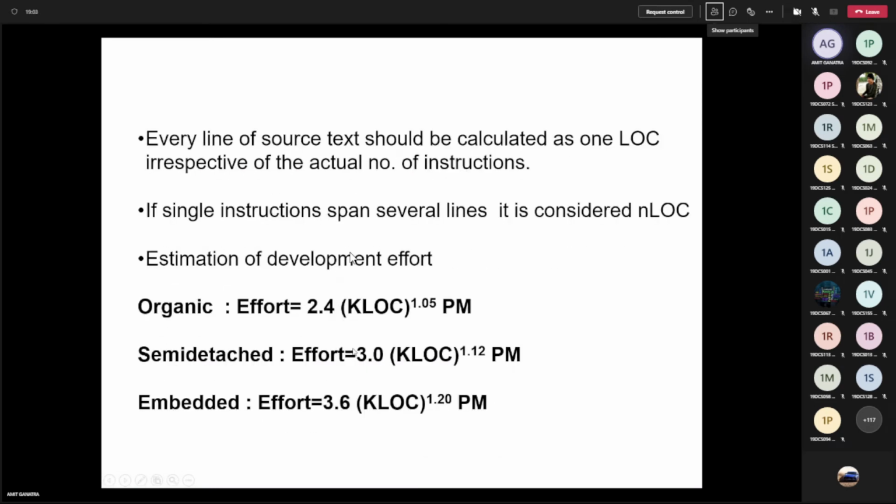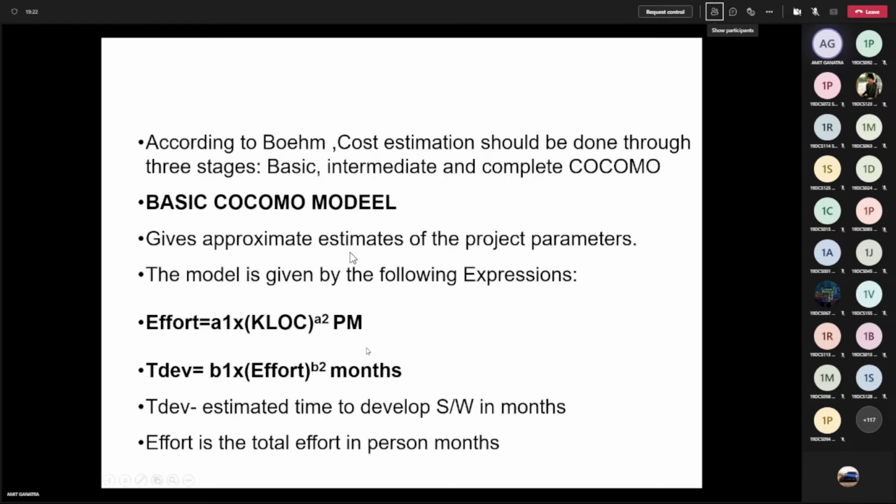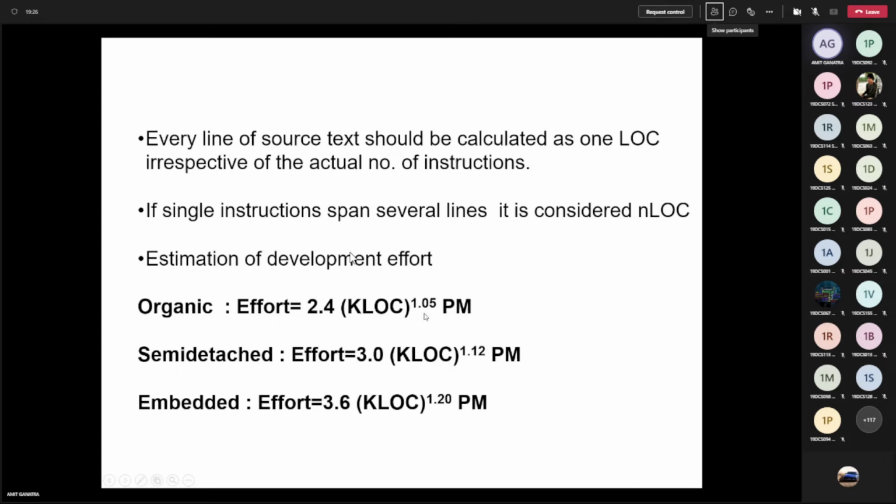So what is the difference? You can easily remember. What is the difference between these 3 values? 0.6. Right? So you have to remember the first equation value, and then you have to add 0.6, then it will become the value for semi-detached, and again for embedded. Same way for A2, you see KLOC raised to A2. Here it is 1.05.